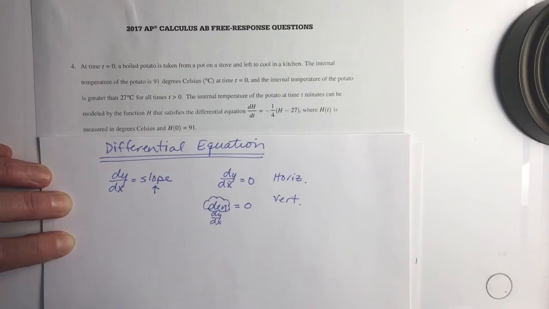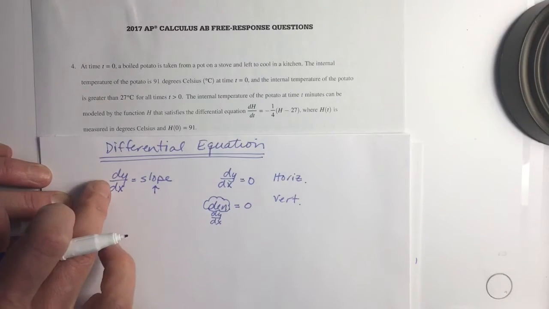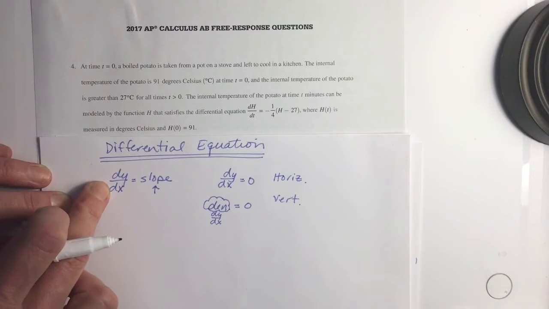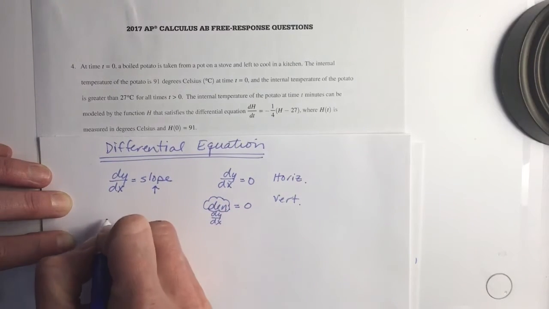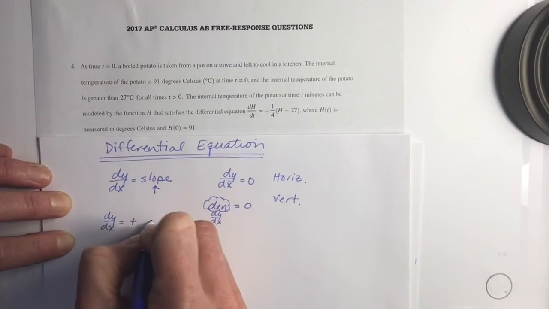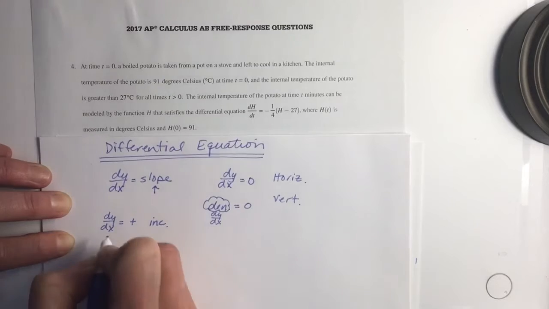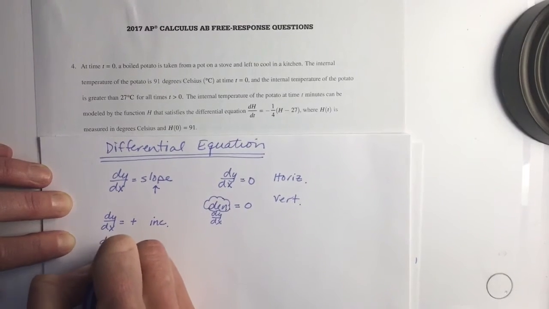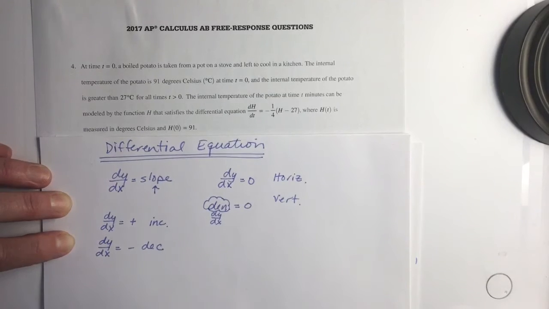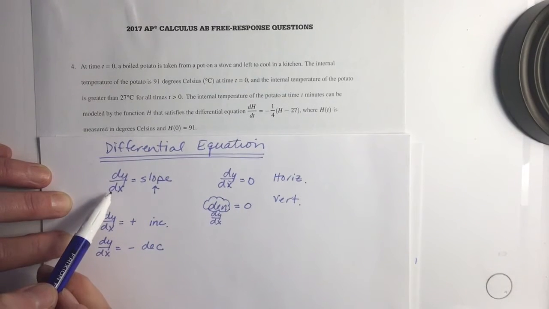The other thing, do we know if the function is increasing or decreasing based on dy dx? Yeah, you're darn tootin' we do. If the slope is positive, a plus, we are increasing. If dy dx is negative, we are decreasing. Can we take the second derivative?